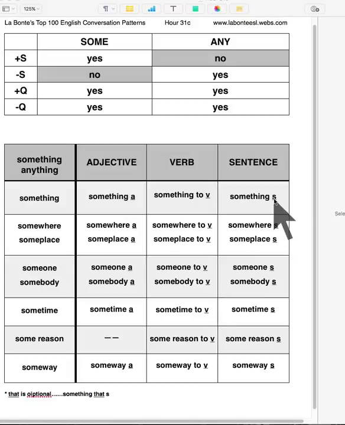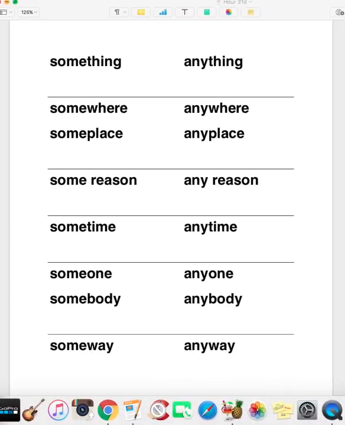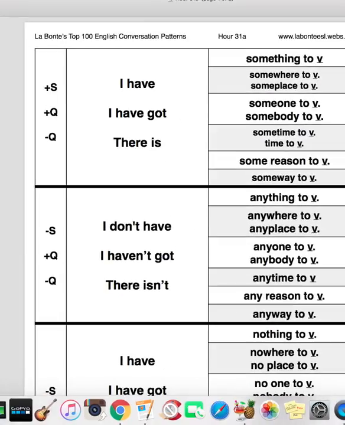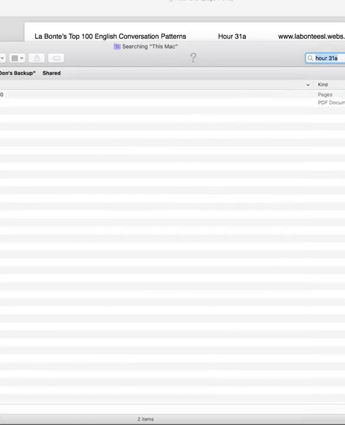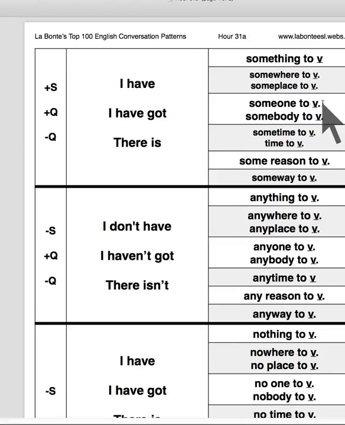But today what is basically reviewed in the lesson is a very common counterpart of these selections here. I have, I've got, there is, there are, are the same.